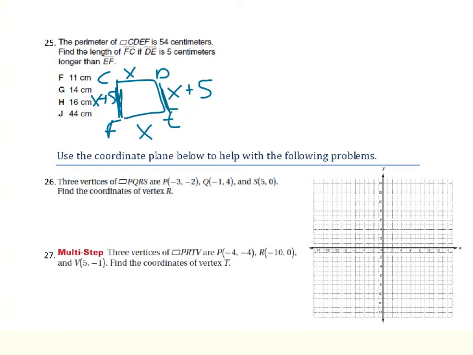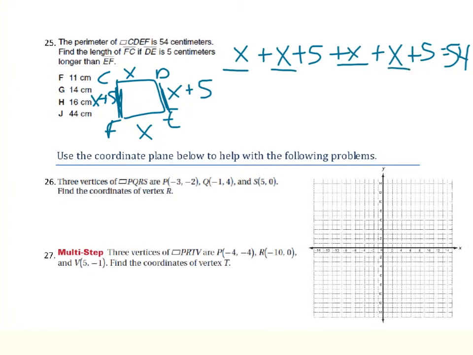Now that helps me set up an expression to find the perimeter because I have to add up all 4 sides. So x plus 5 plus x plus 5 equals 54. Combine like terms.